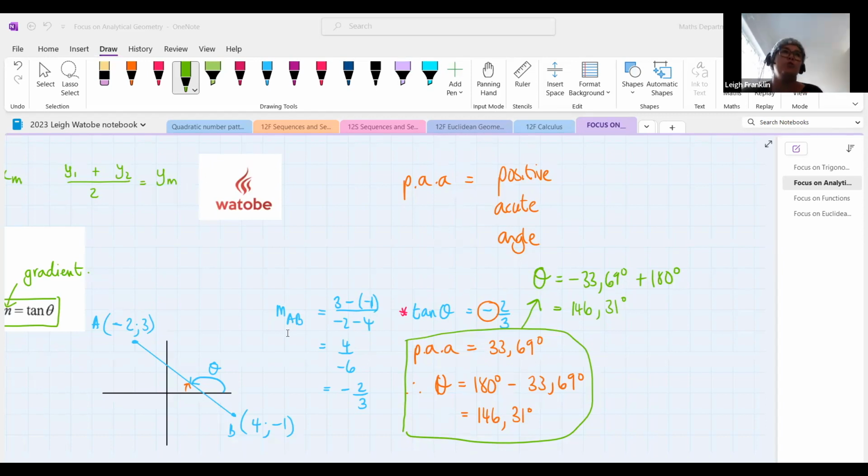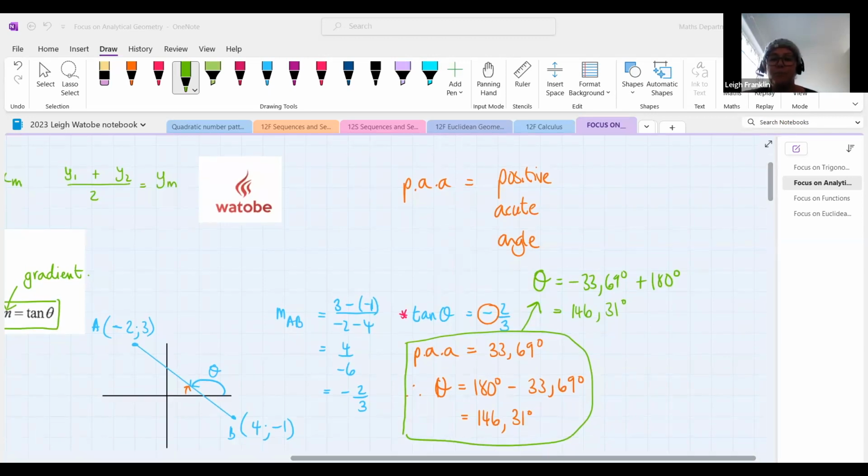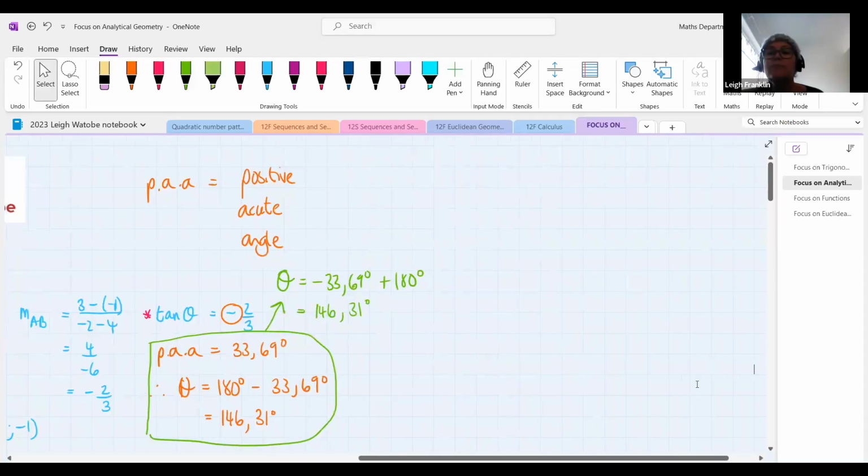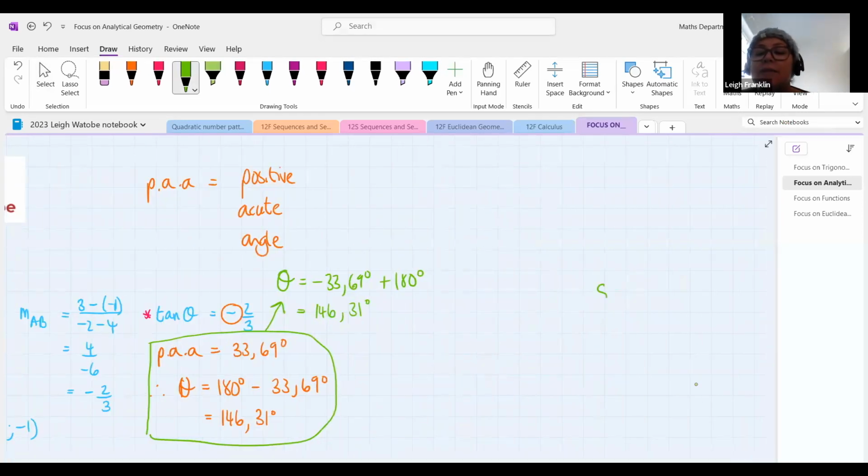Yes and no, Shantae, because if you think about it, if you are working with a trig equation, and let's say we're working with sine theta. So if I said to you that sine theta was equal to 2/3, and I say solve for theta, you're going to have two solutions, aren't you?